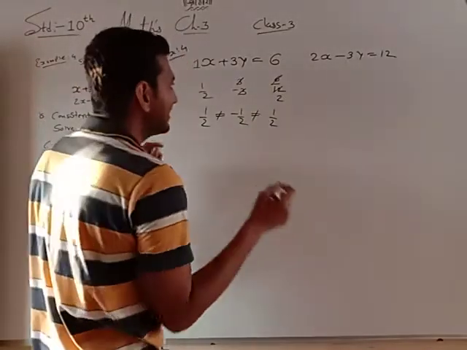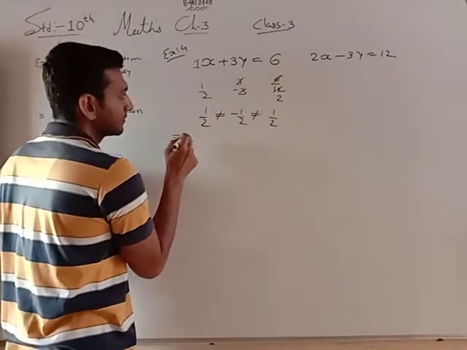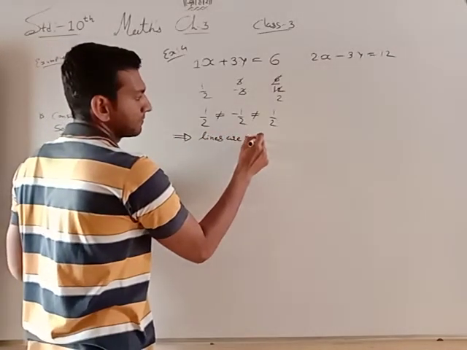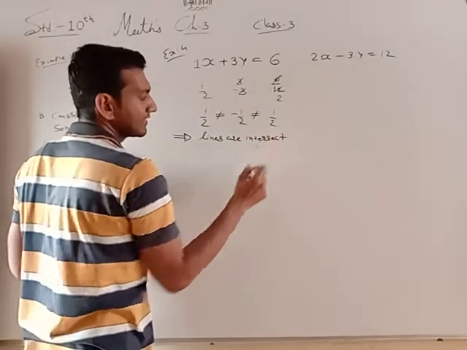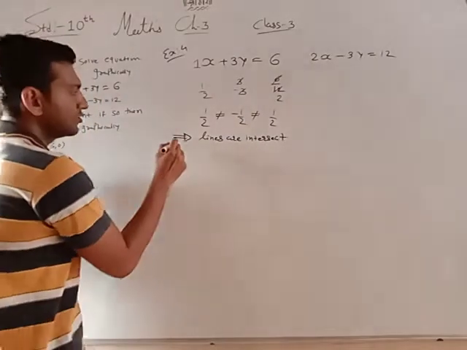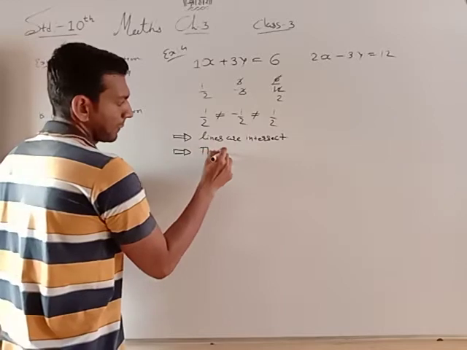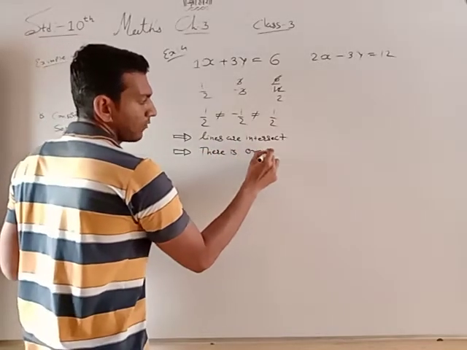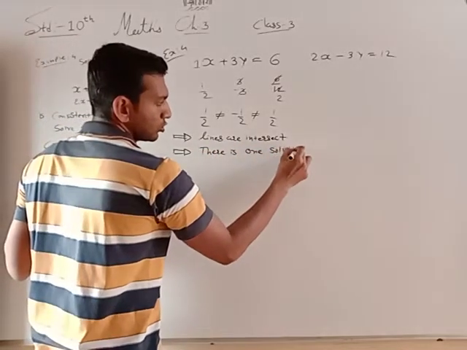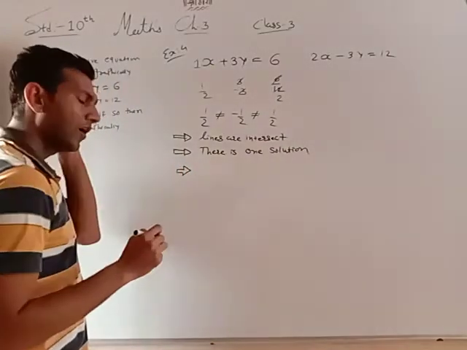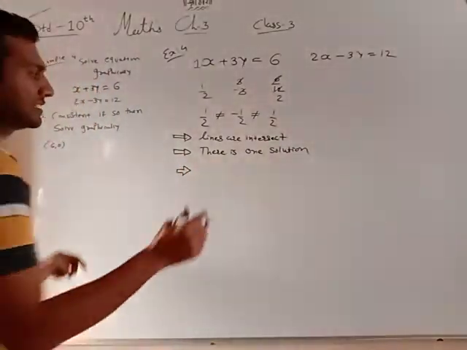So the lines are intersecting. There is one solution. Now consistent or not consistent?